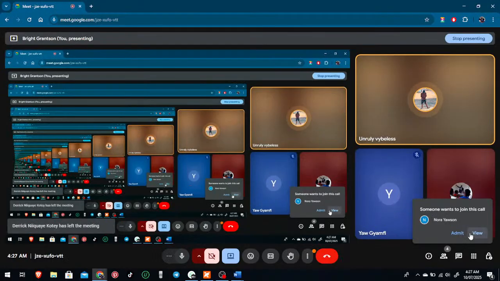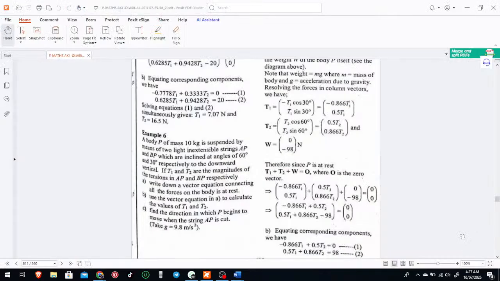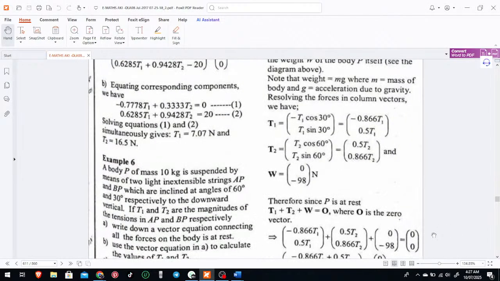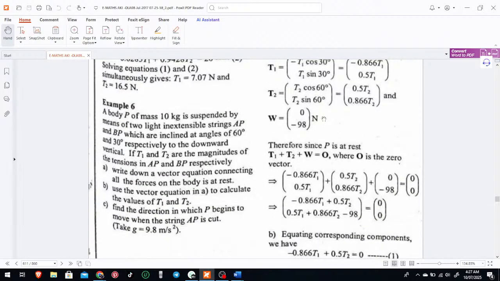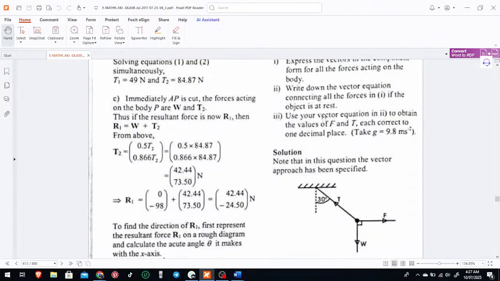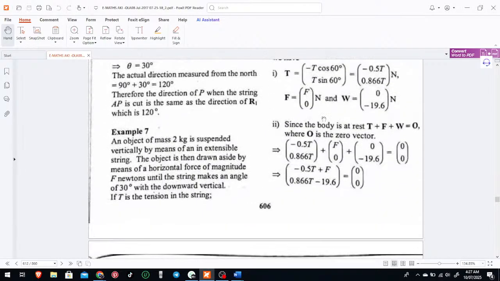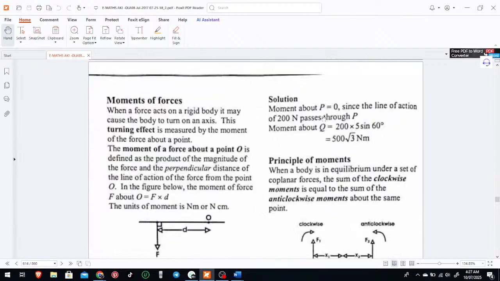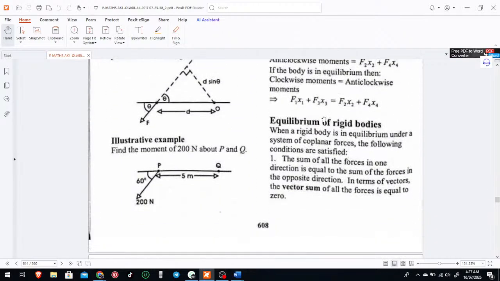They said three forces were acting on it. So the page. Is it this question? I'm zooming. No, not this one. Is it the next one? Page 611. Yes.